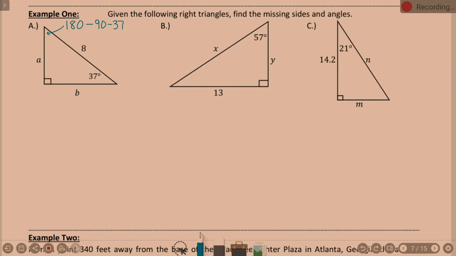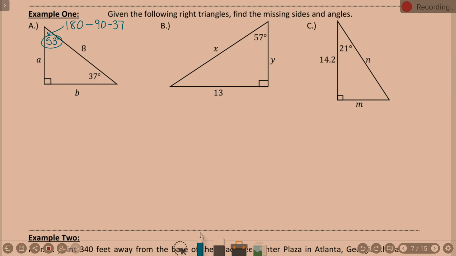Fair enough? When you do that, what do we get? 53.